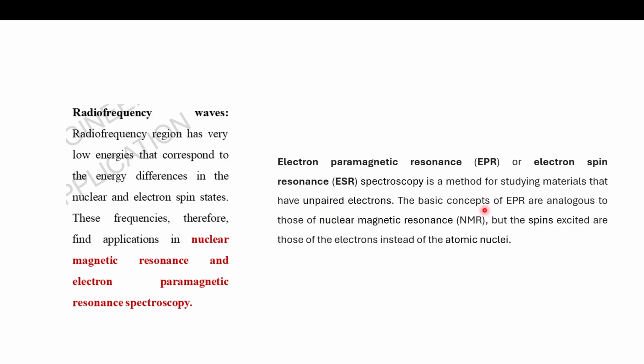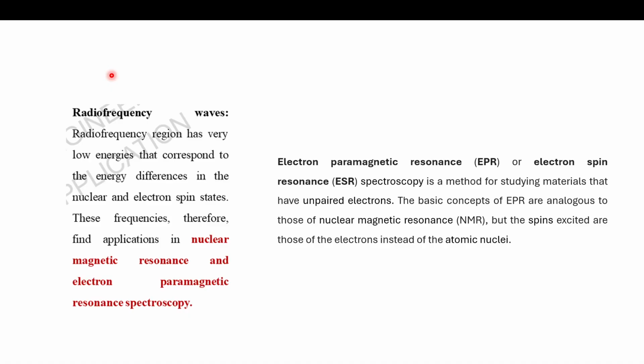The basic concepts of EPR are analogous to those of nuclear magnetic resonance, but the spins excited are those of the electrons instead of the atomic nuclei. So in nuclear magnetic resonance the spins of the atomic nuclei are taken into consideration, whereas in electron spin resonance the spins of the electrons are taken into consideration in EPR or ESR.